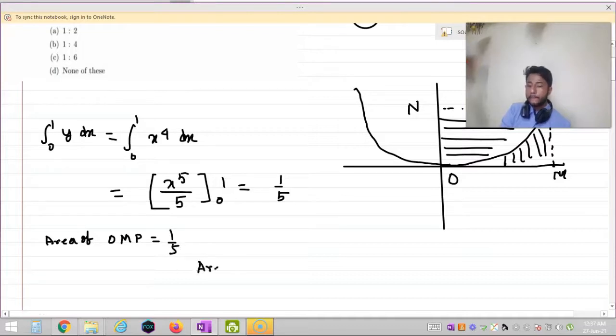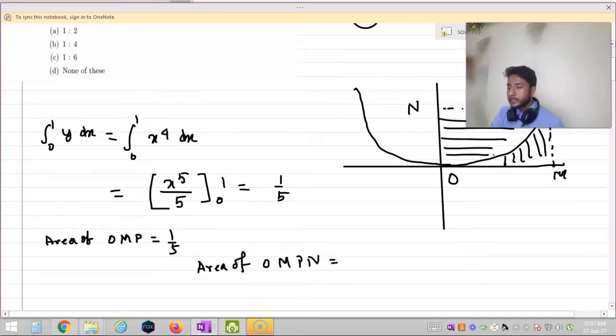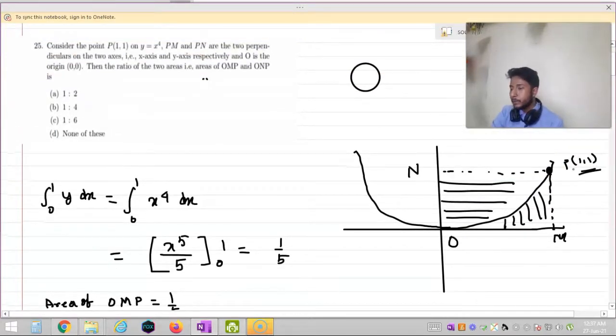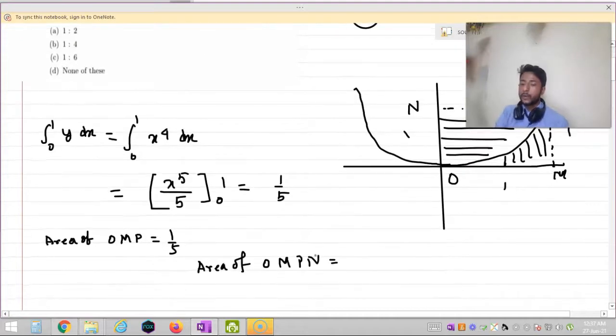Now the area of OMPNO: since the coordinate of point P is (1, 1), this is a square whose length of each side is 1. Then the area of the square is 1.